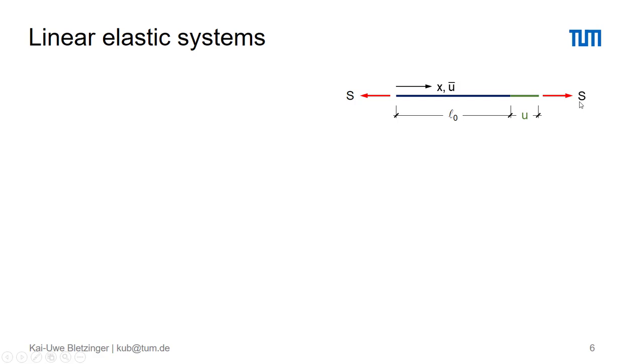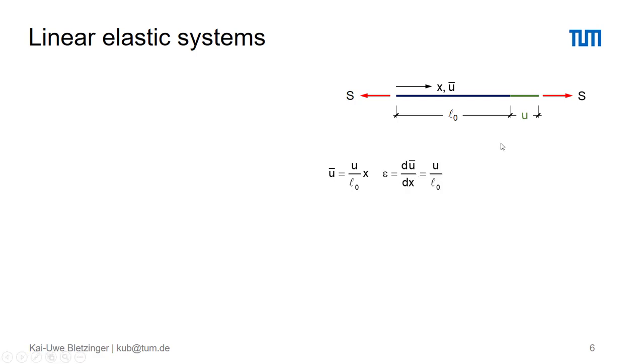If we just pull with our force S, we observe a tip displacement U, and we have a linear relation between the tip displacement and the distributed displacement U bar. If you put in X equal to 0 on the left, you of course receive 0, just the support as you see it here. And if you substitute L0, you receive the tip displacement.